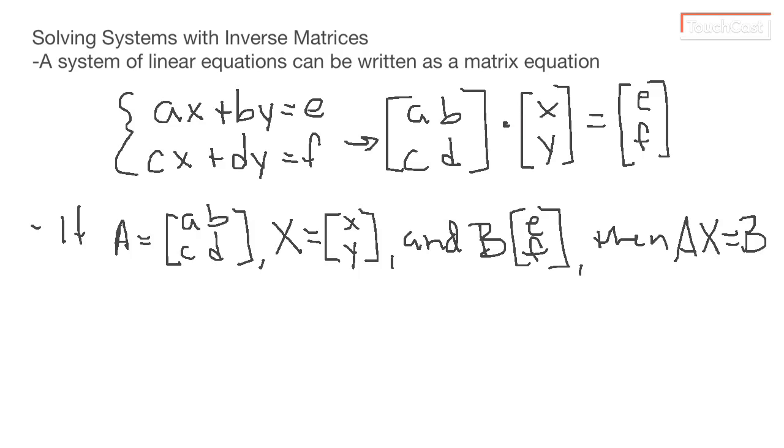Now, we can use the matrix operations to get X by itself. We can take AX equals B and apply the inverse matrix of A to both sides.